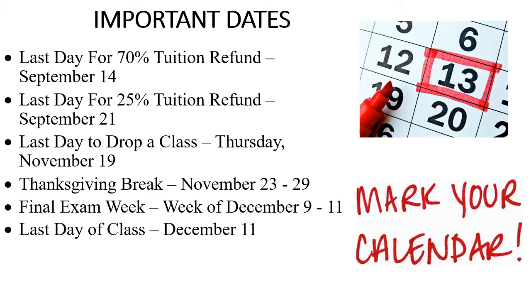That's the last day you can drop the course and get a W. If you drop the course after Thursday, November 19th, then you'll drop with the grade that you currently have. So if you're failing the class and you drop on November 20th, probably what's going to happen is you're going to wind up with an F for the course. So if you want to drop with a W, be sure to drop by Thursday, November 19th.